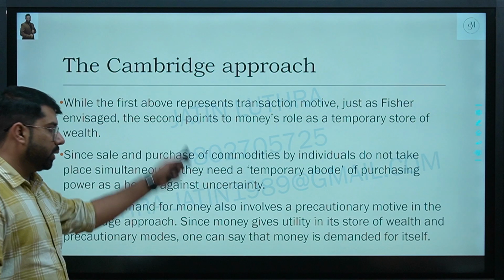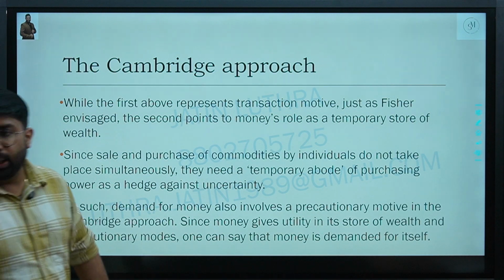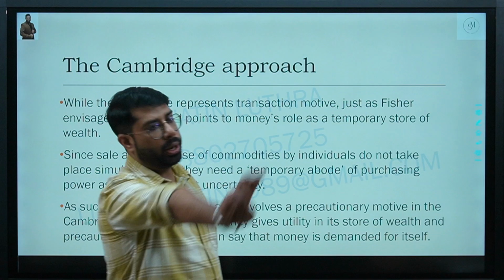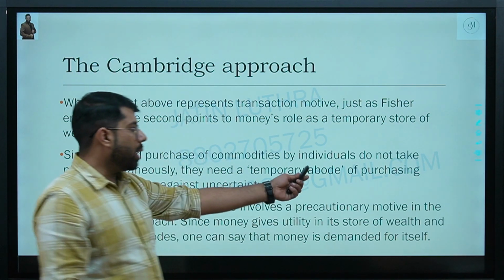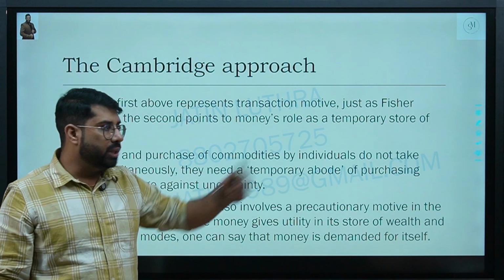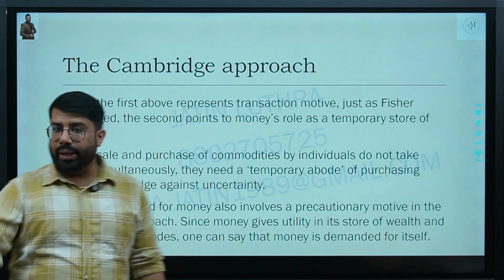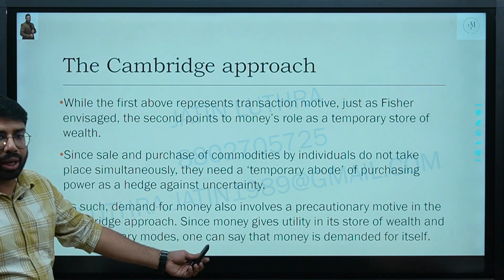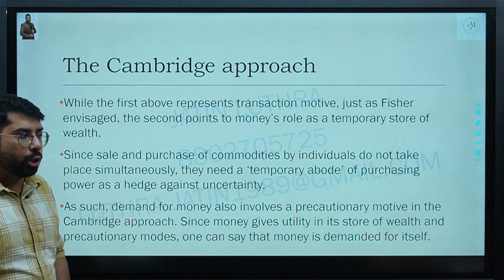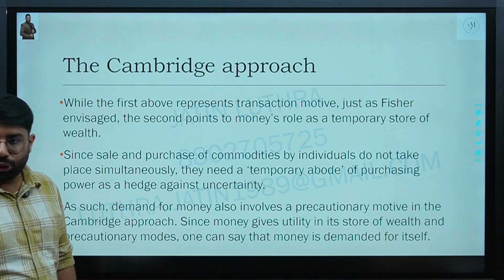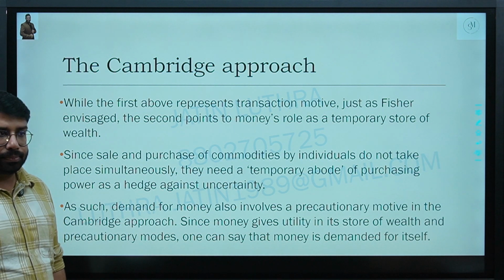What are these 2 points saying? You demand money for two things: one, to conduct transactions whenever you want to purchase or sell things; and second, to store wealth so that you have money ready to deal with any future uncertainty. That is it.